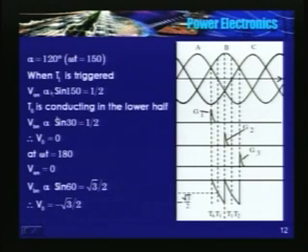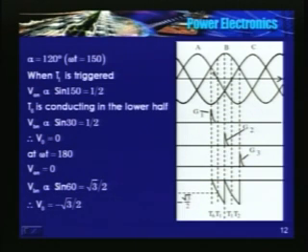Okay, alpha is equal to 120. Now corresponding omega t is equal to 150. So VIN is proportional to sin 150, that is half. Beyond, in the lower half, T6 is conducting, because we haven't triggered T2, it is triggered somewhere at this instant.